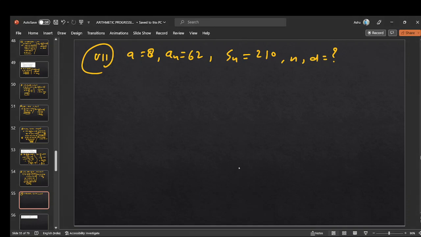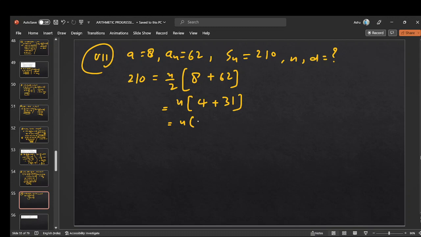Now what is the solution of this? We use Sn equal to 210. 210 equal to n by 2 into a plus l, 8 plus 62. Then 2 4s are 8, 2 3s are 6, 2 1s are 2. n into 35, here 210.